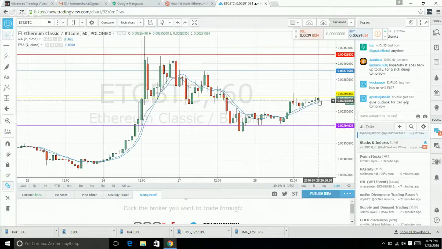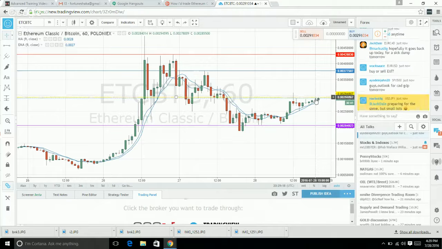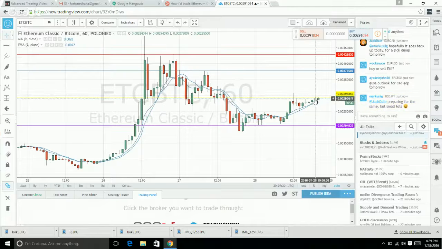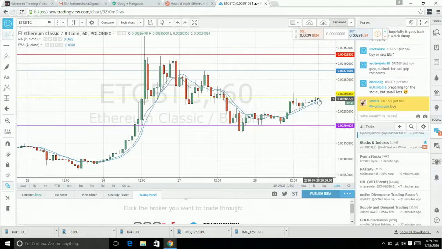If I see a doji at support or resistance, I'm thinking, okay, what's the next candle going to tell me? So I would have to wait for an hour until this candle closes out and another one starts. If it starts bullish, if it closes out bullish above support, I would possibly think that this is a bull run right here.